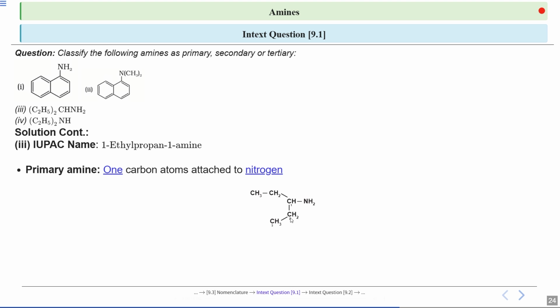I did the numbering 1, 2, 3. Now at one position there is one ethyl group. So 1-ethyl propane 1-amine. The E of this alkane is replaced by amine, and this 1 indicates the position of this NH2 group. So this is 1-ethyl propane 1-amine, and this is a primary amine.